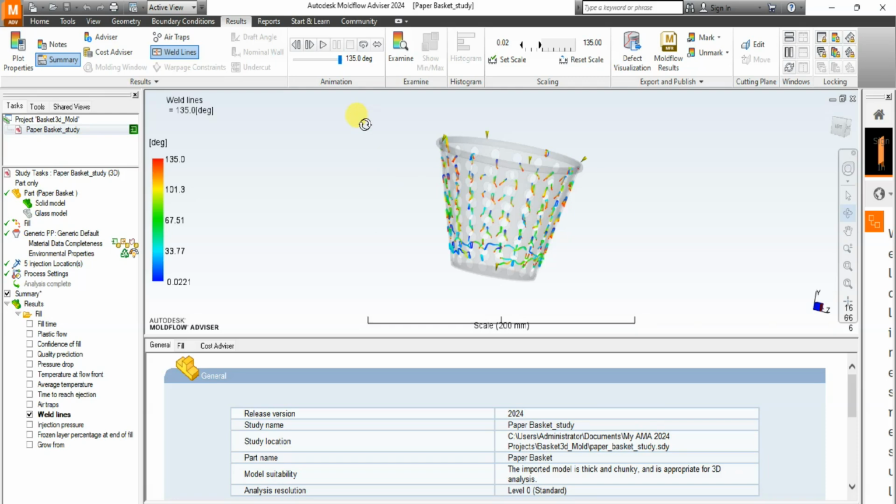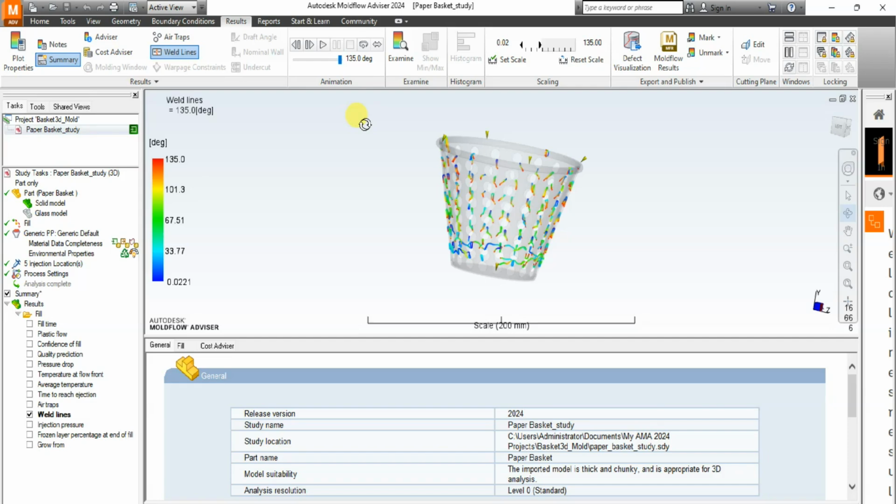This is very important. You should also know that processing conditions help to determine the quality of the weld and meld lines. Weld line strength is influenced by the temperature at which the weld line is formed and the pressure exerted on the weld until the part freezes.